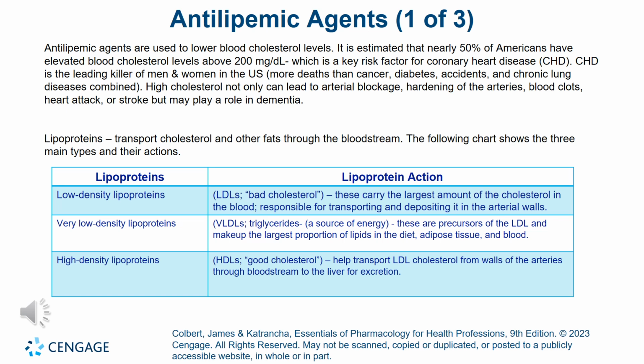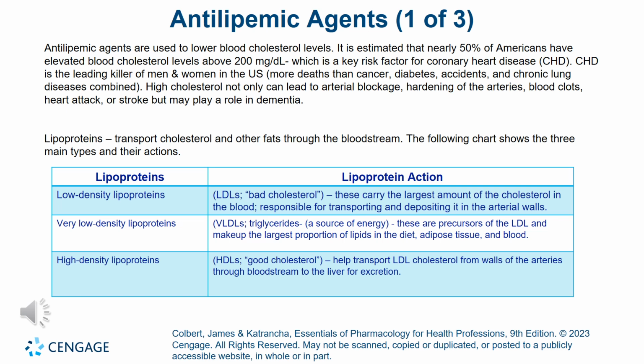You have low-density lipoproteins, or LDLs. They're also called bad cholesterol. These carry the largest amount of the cholesterol in the blood. They are responsible for transporting and depositing it into the arterial walls. Very low-density lipoproteins, or VLDLs, carry triglycerides, which is a source of energy.